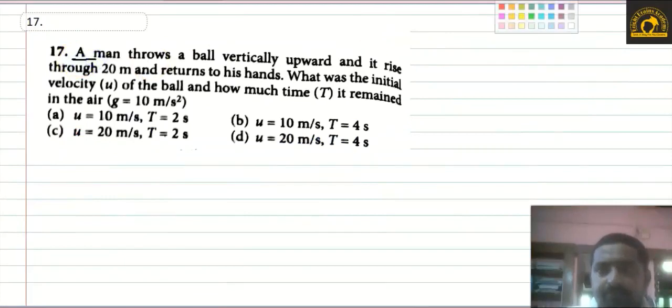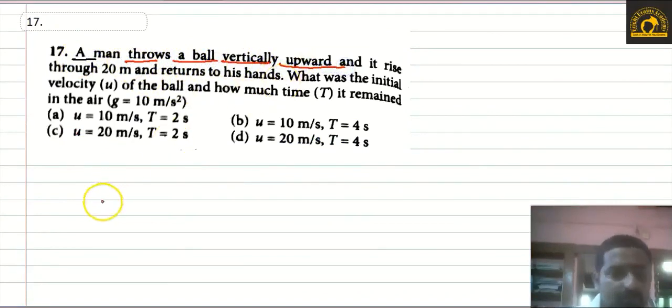A man throws a ball vertically upward. So he is the man.